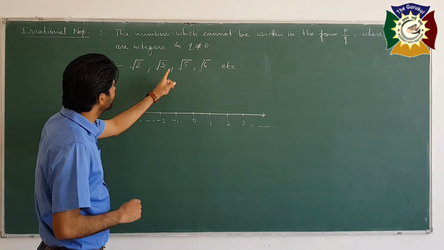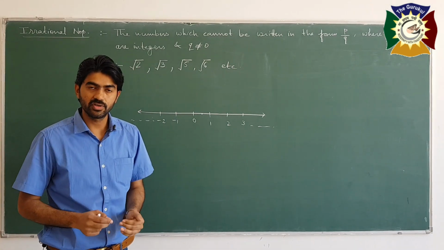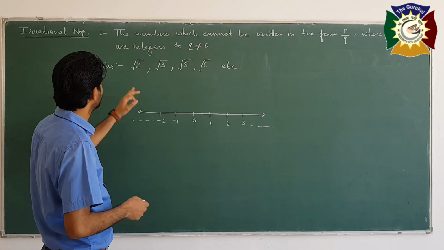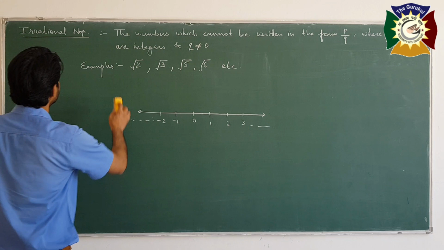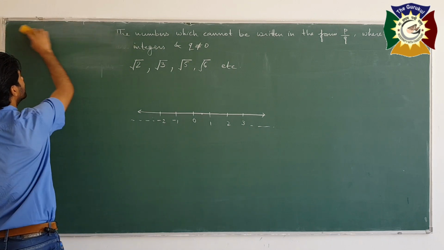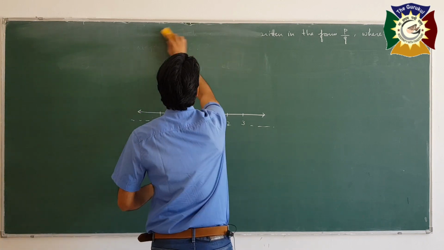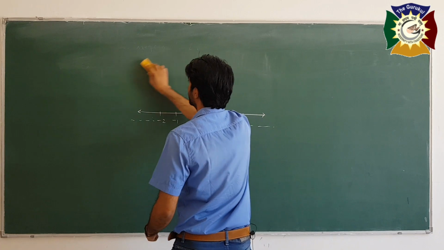So these real numbers can also be represented on number line. They also have a definite place on number line. Yes, of course. So now we will discuss how to represent these numbers on number line, means representation of irrational numbers on number line.